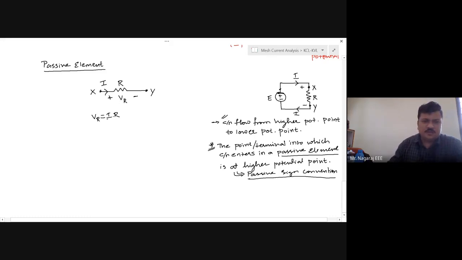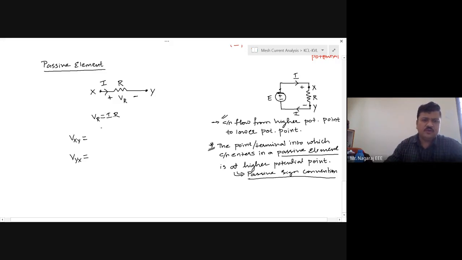Now, as per the higher potential and lower potential convention, what we have considered, what is Vxy, and what is Vyx? So Vxy is the tracing of resistor from X to Y. So when I trace the component from X to Y, then I see here that X is at higher potential, Y is at lower potential.